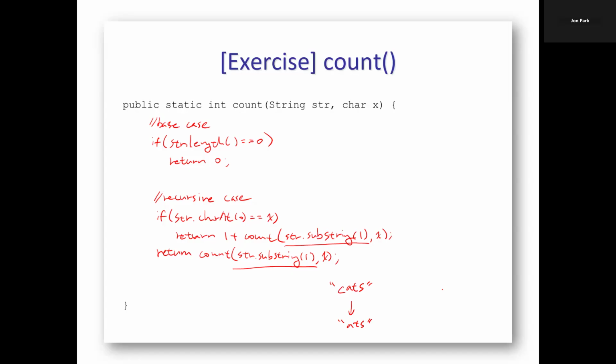What really happens is you have an array of chars, C, A, T, S, and then you create a new string object which has an internal array of 3 chars, and you copy over the elements. That's how you create a substring.